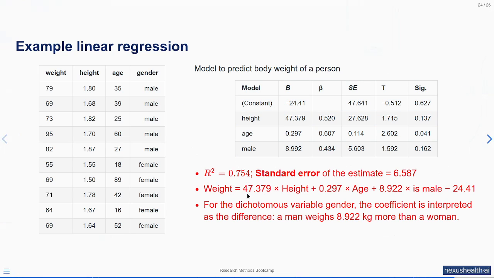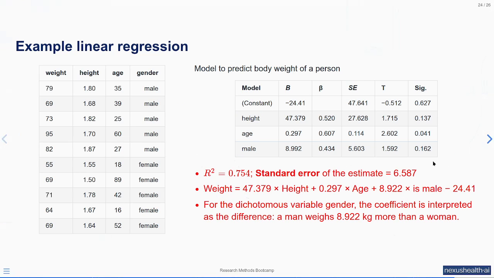If you remember the regression equation, it simply tells us that the predicted weight will be given to us by 47.379, which is the coefficient here, times the variable height, plus 0.297, which is the corresponding coefficient here, times age, plus 8.922 times male.